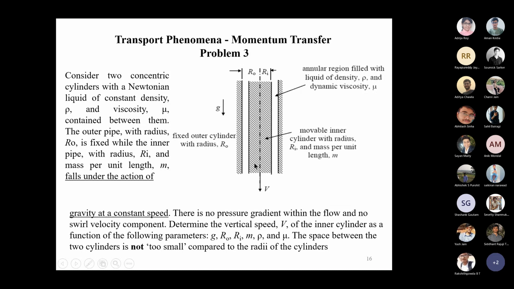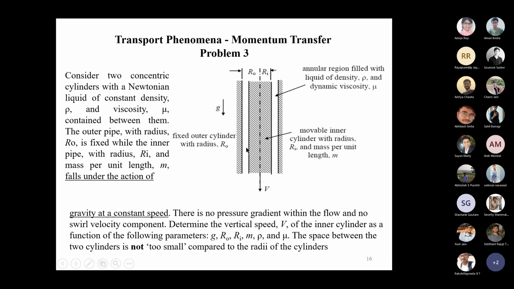So as the cylinder starts to gain momentum, as it starts to pick up downward velocity, you could see that the distance between the pipe and the cylinder is fixed. So with increase in velocity of the cylinder, of course the velocity gradient will keep on increasing.